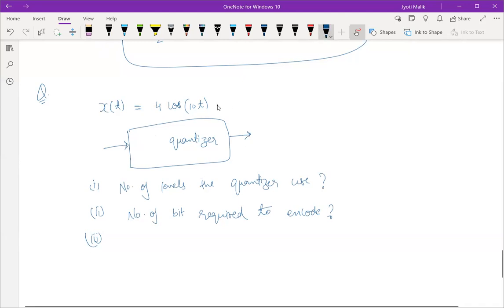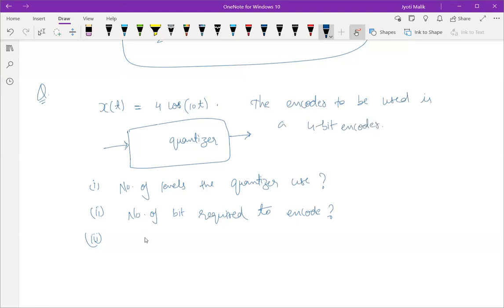Wait. Here in the question you are given that the encoder to be used is a 4-bit encoder. Now do it.